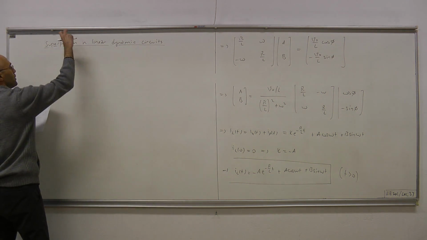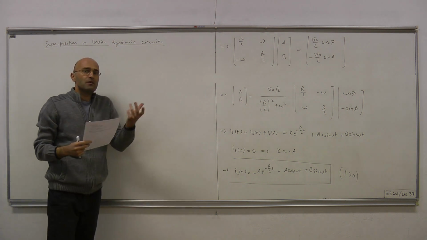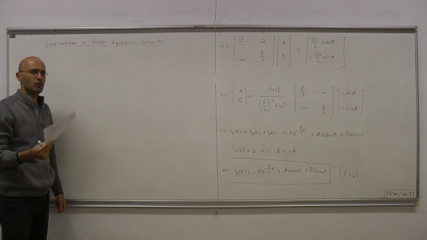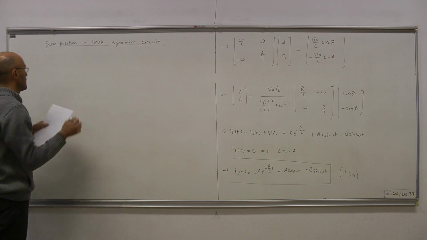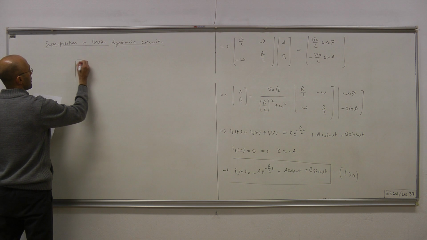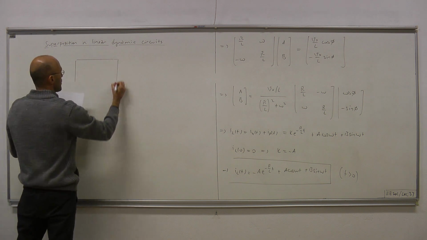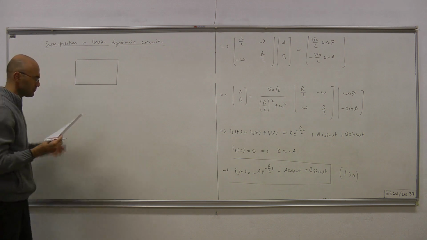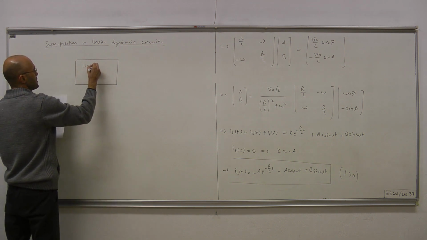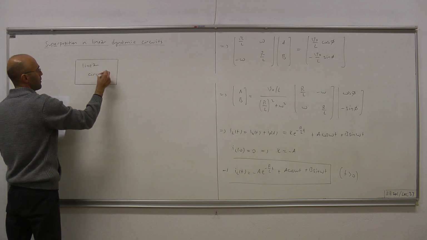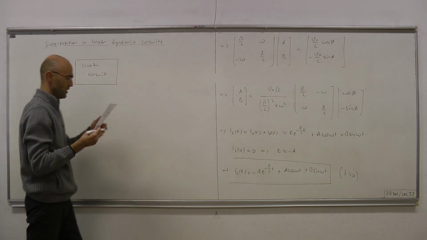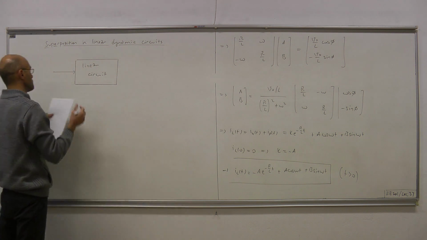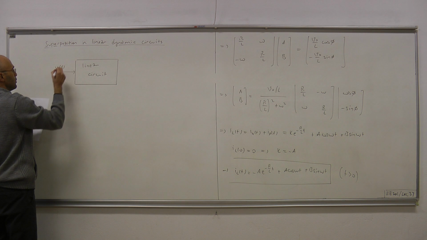Now, what we'll be talking about is not just peculiar to first order circuits. It's true for the general case. Suppose that this box represents our linear circuit, which is driven by some input, let's call it w(t).